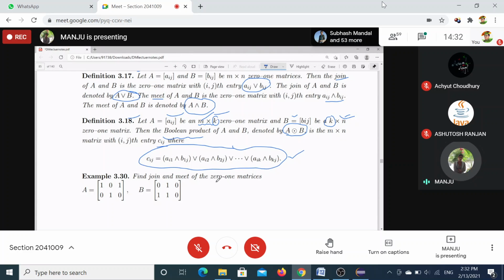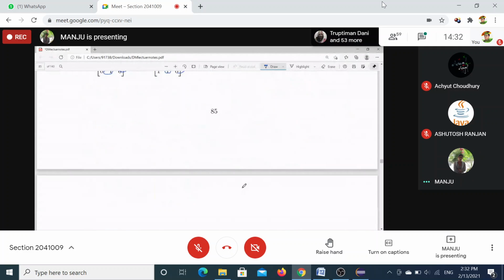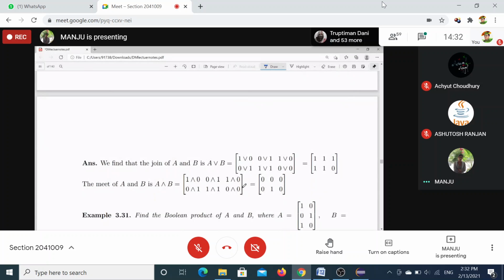In case of meet, it will be conjunction, so there will be 1 only when both are 1, and everything else is 0, right? In case of join, there will be 0 only when both are 0, everything else will be 1. Clear? Yes, ma'am.